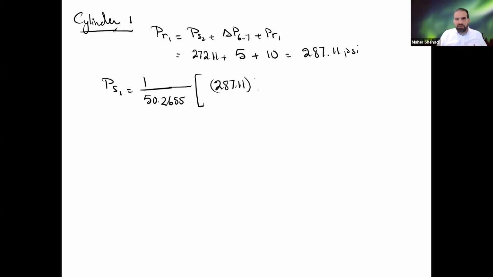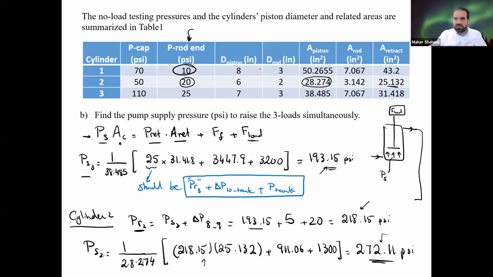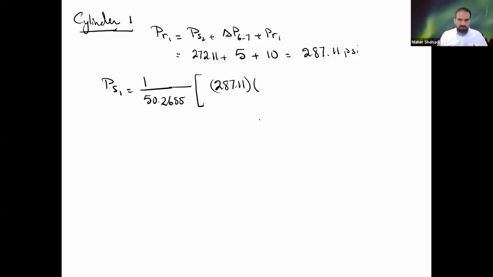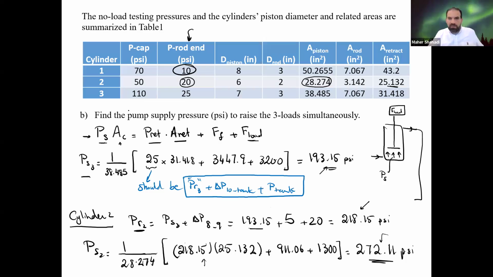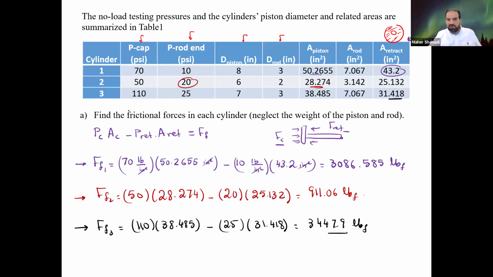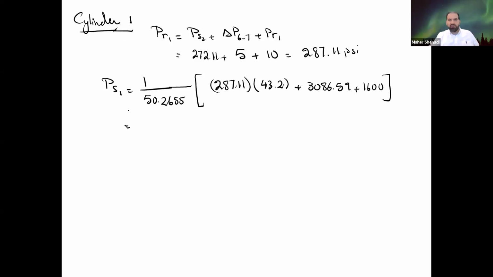A retract 1 is 43.2, plus the load and friction forces, 1600. Okay, the frictional loss is 3086.585, and the load is 1600. So we have those correct.